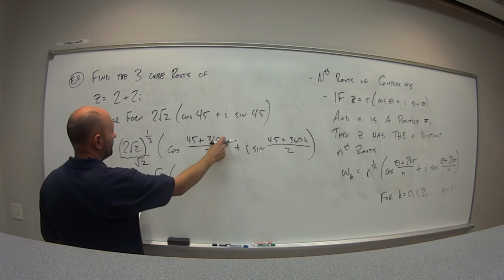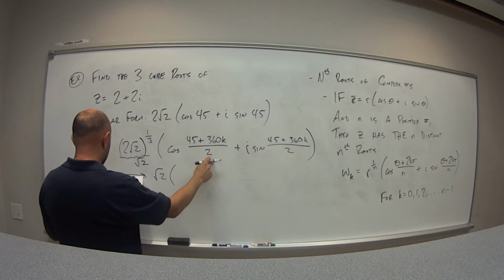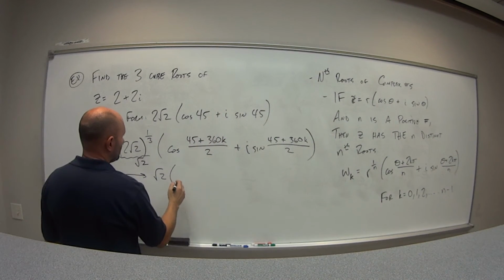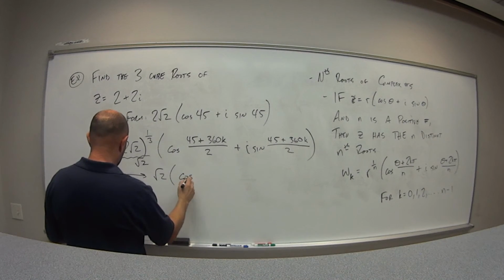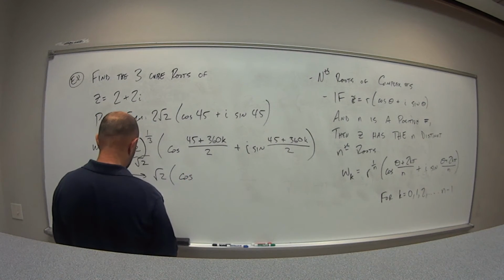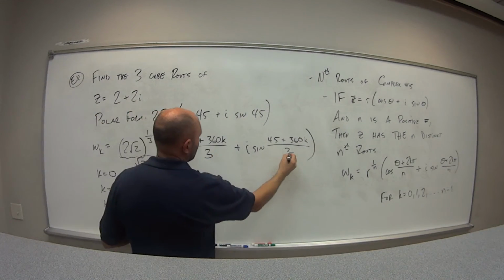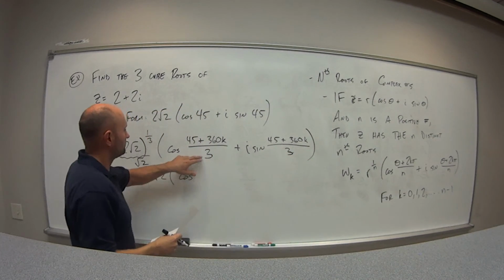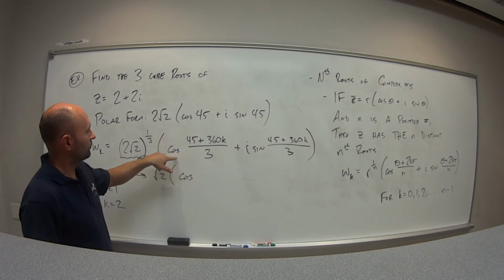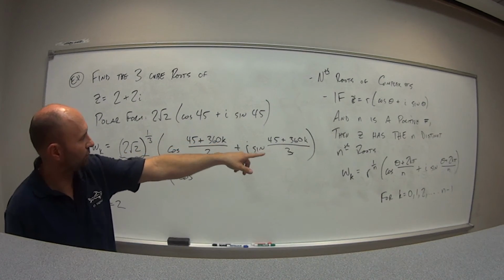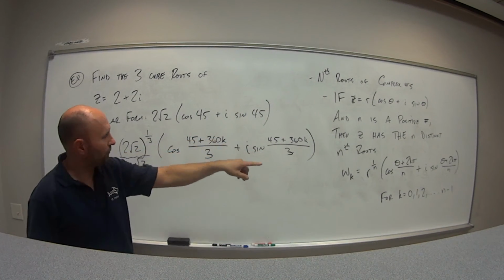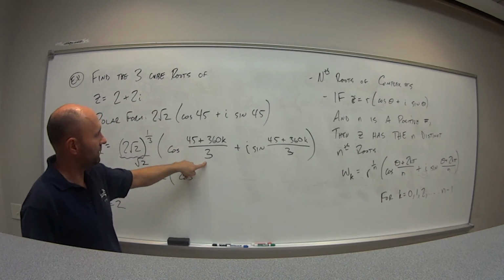No, I'm sorry, k is 0. So it's just 45 divided by, sorry, divided by 3, because we're dividing by n. So this should have been 3. So cosine of 45 plus 360k divided by n from our formula, so divided by 3.